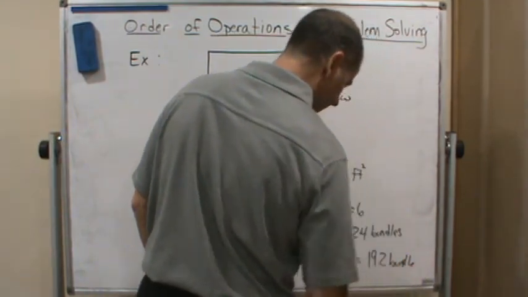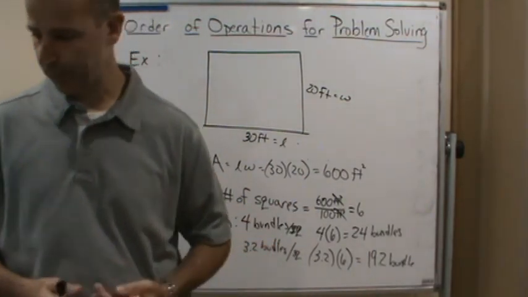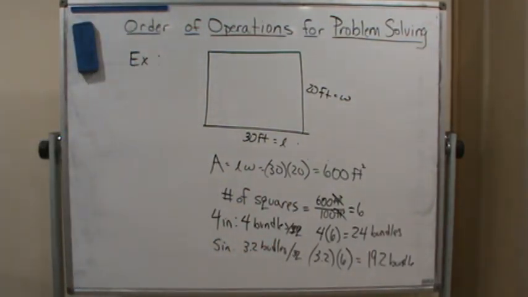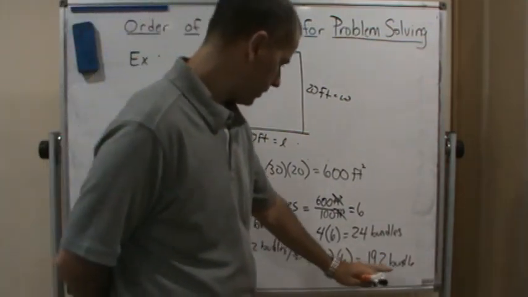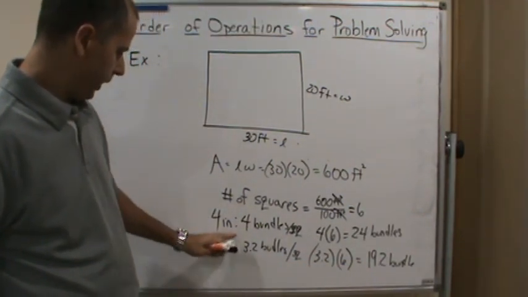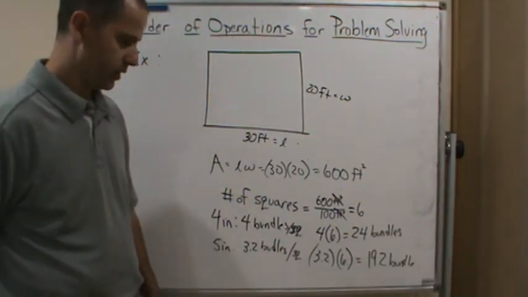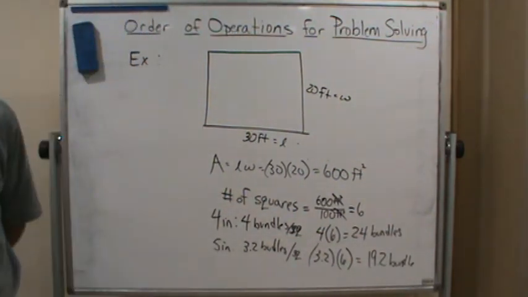In this case you'd end up with 20 bundles because you don't buy a fraction of a bundle. So you would need 20 bundles if you want 5-inch exposure, and it'd be 24 bundles if you want 4-inch exposure. And that's the end of it.